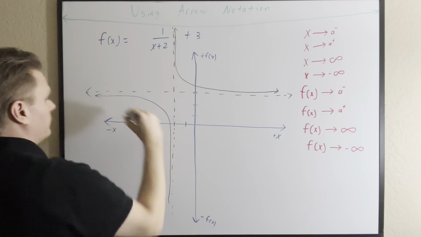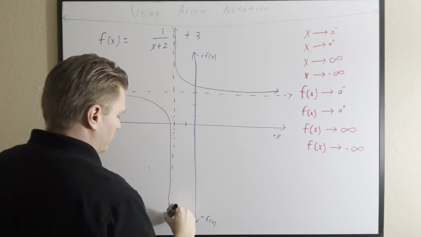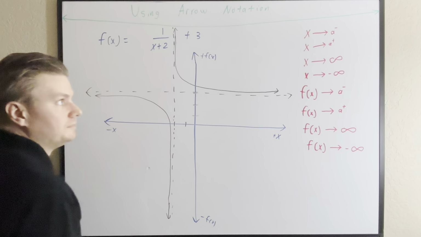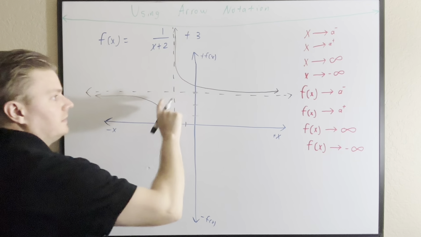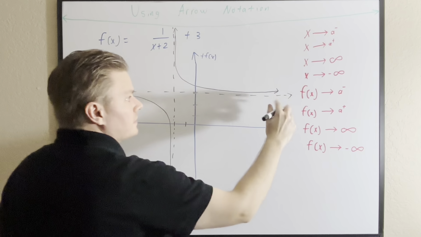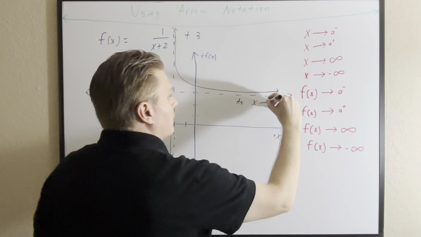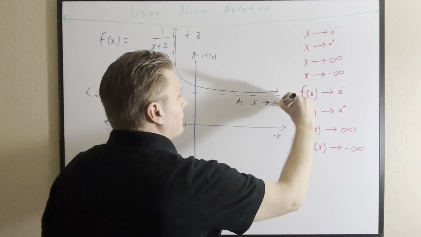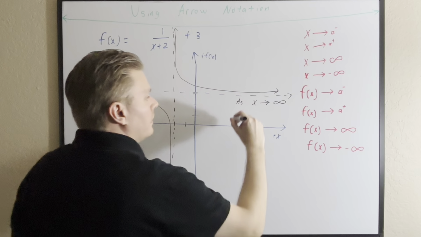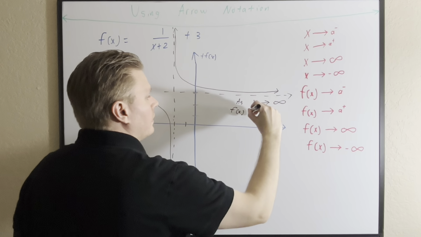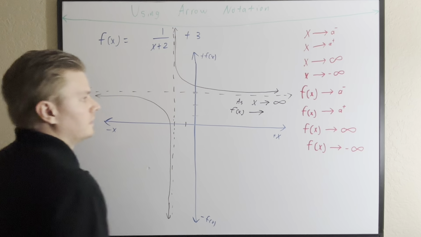And all we need to know right now is how to describe the end behavior of the graph, right? Because as x approaches positive infinity, f of x approaches what?